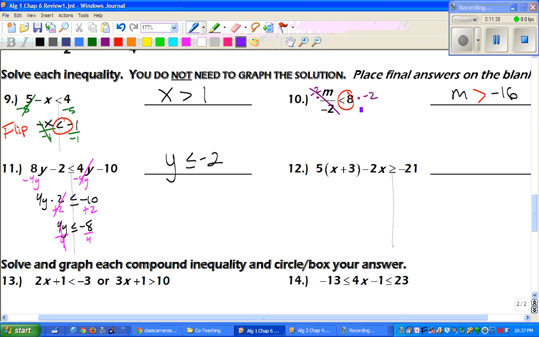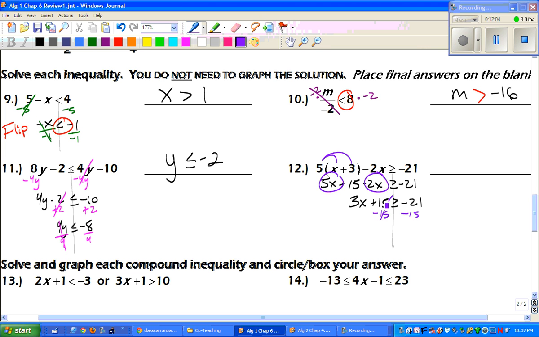Okay? And here, number 12, they're actually making you do some work. So first thing you do is have to distribute. Everything else stays the same. Combine your like terms. You get 3x plus 15 is greater than or equal to -21.